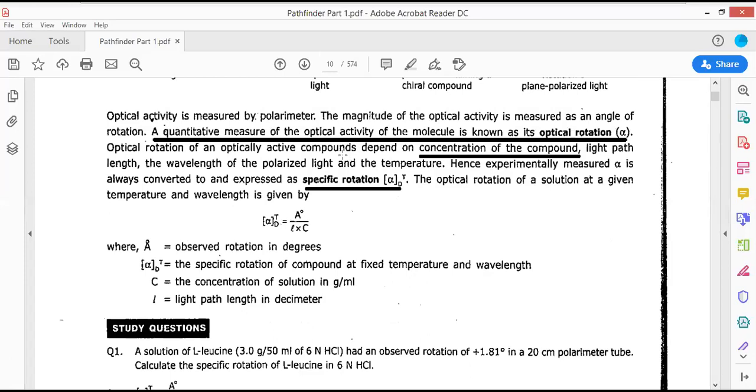That optical rotation taking place at a concentration of 1 gram per ml at a standard temperature and specific density is called specific rotation. Hopefully this would be understood to you.